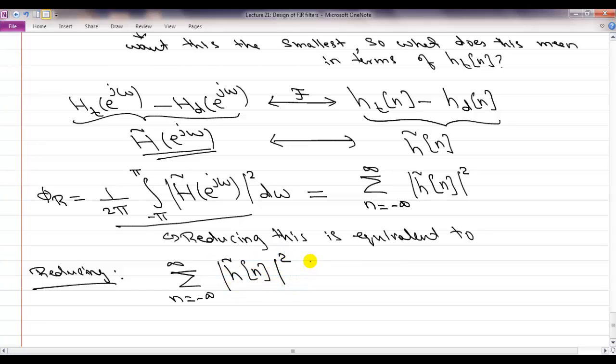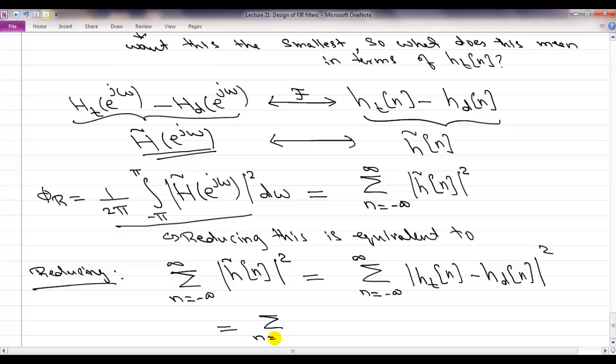And now I just plug in the values of h tilde of n. That is equal to summation n from minus infinity to infinity ht of n minus hd of n squared. Now we know that ht of n is 0 for all n less than minus m and n greater than m. So I can break this summation into two pieces. Summation n from minus infinity to minus m minus 1 hd of n absolute squared.